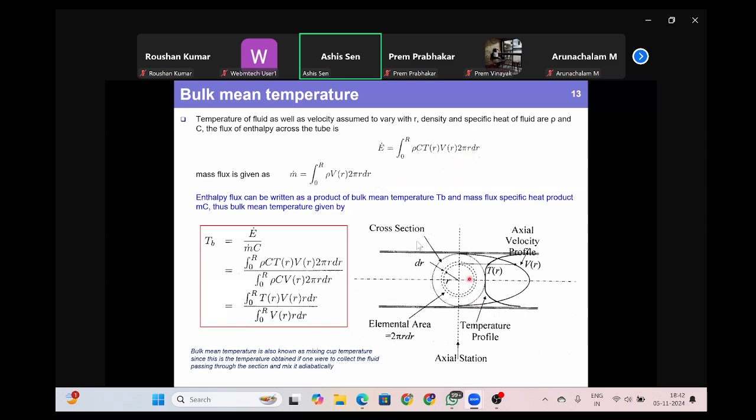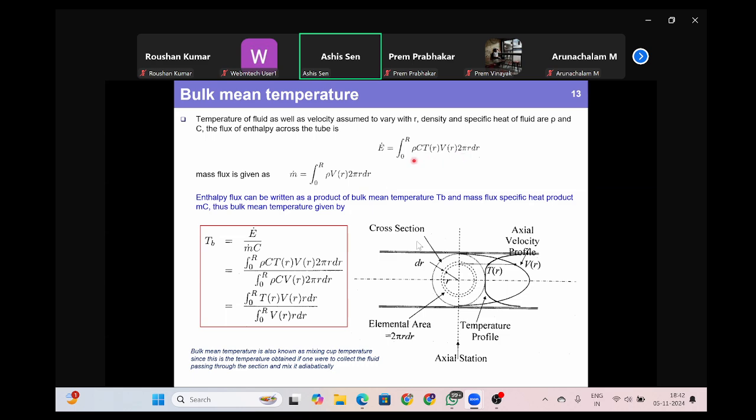by taking a small elemental cross-section of thickness dr. That means the area of this element will be 2 pi r dr. 2 pi r dr times the velocity times density gives you the mass flow rate.